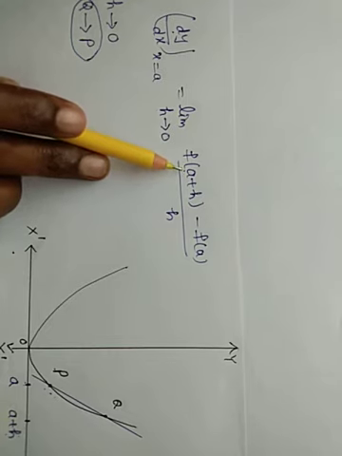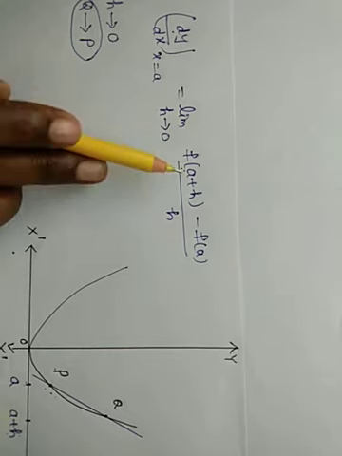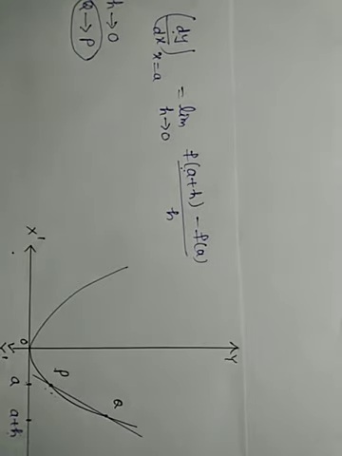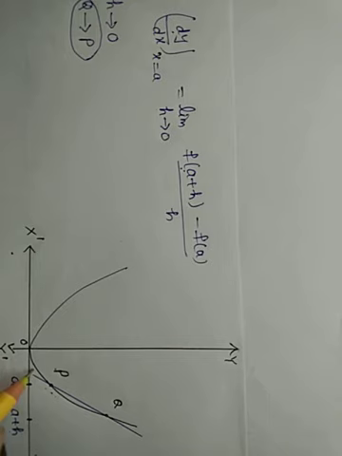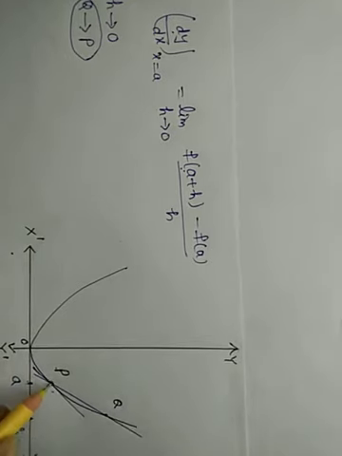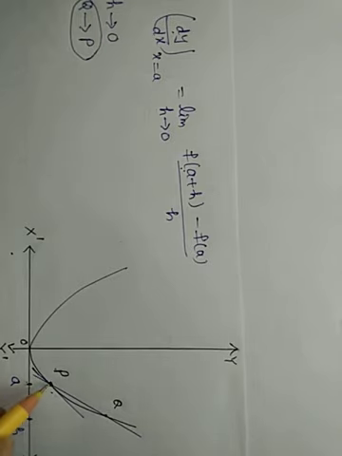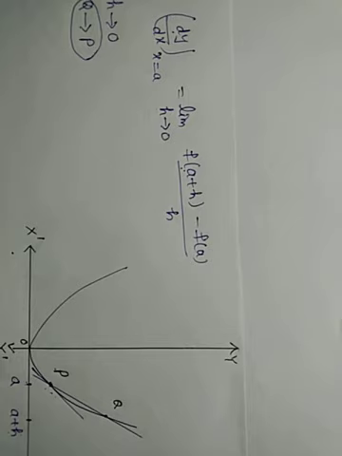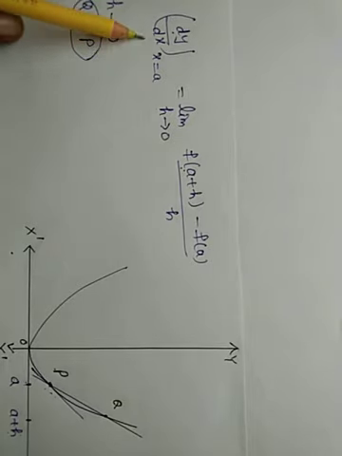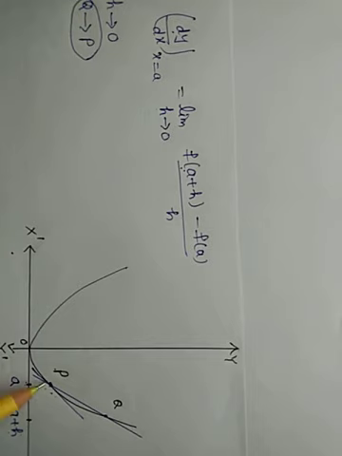Here I have taken point a like this. What will happen in this case? When point q approaches point p, you will get a tangent at point p, and then you can find dy by dx at x equal to a. It means it is the instantaneous rate of change at x equal to a. Is it clear?